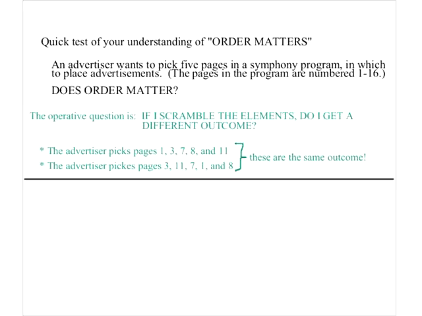It's also possible for order not to matter within some subsets. So for instance, let's tweak this problem a little bit. Let's say an advertiser, so same problem, an advertiser wants to pick 5 pages from pages 1 to 16 in a Symphony program.